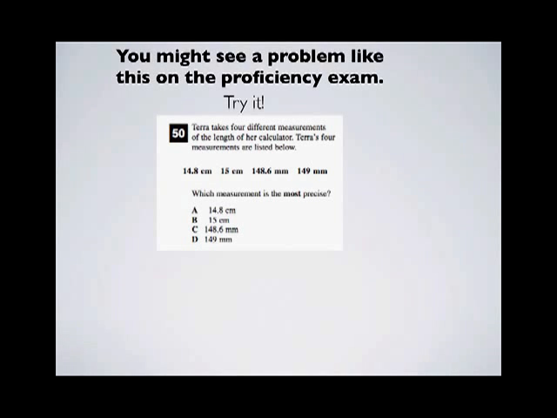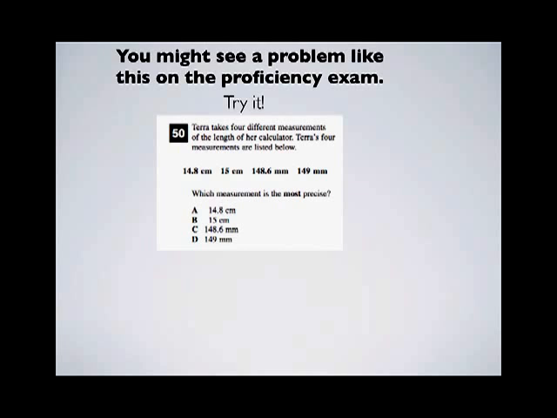You might see a problem like this on the proficiency exam. Let's try it. Tara takes 4 different measurements of the length of her calculator. Tara's 4 measurements are listed below: 14.8 centimeters, 15 centimeters, 148.6 millimeters, or 149 millimeters.